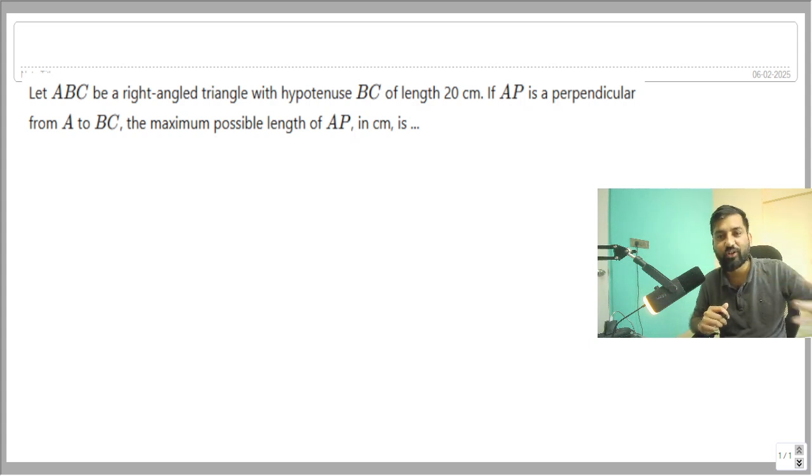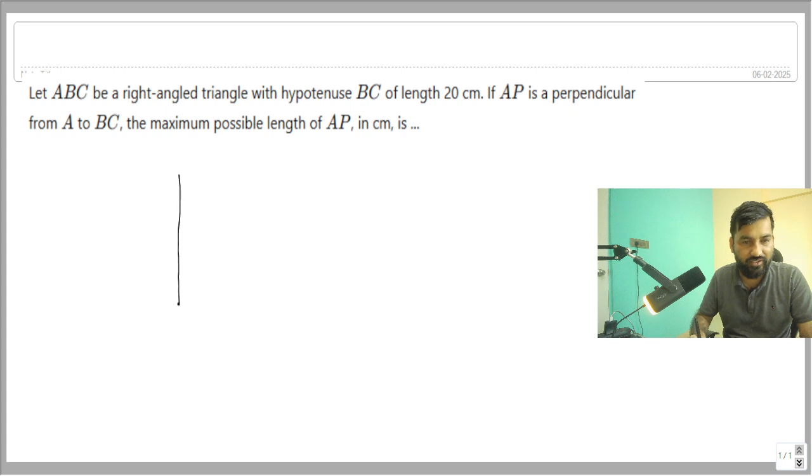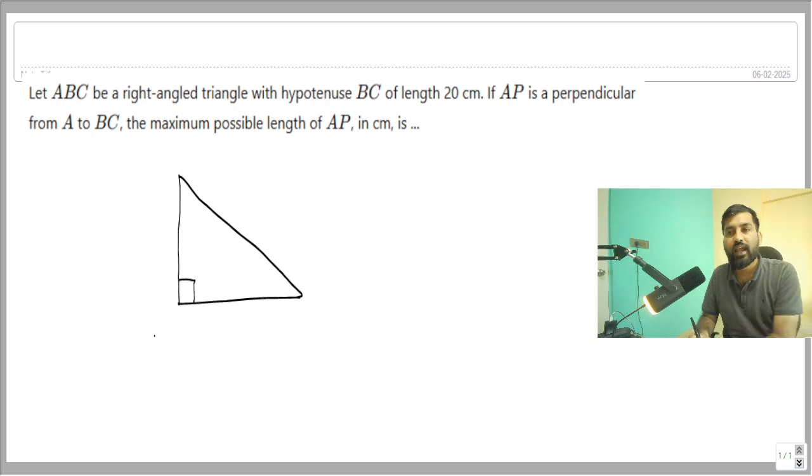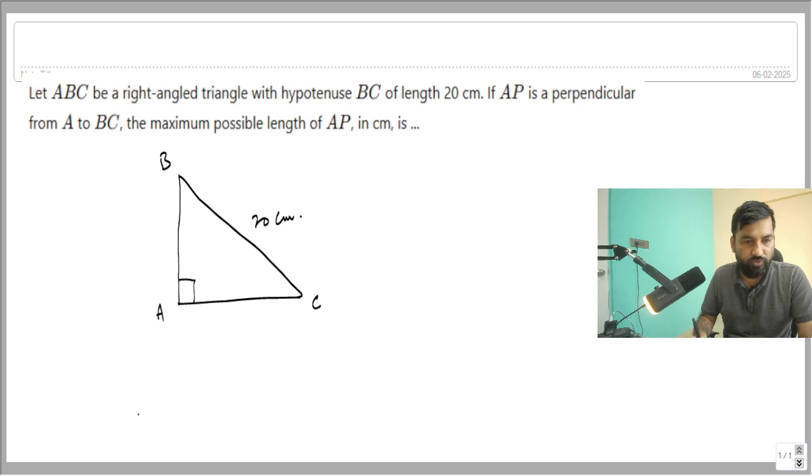So let us draw the triangle and put all the vertices. We have a right angle triangle, so we can draw it like this. One of the angles has to be 90 degrees, so this is 90 degrees. And this has to be BC, because the BC length is 20 centimeters. Then take A and draw the perpendicular from A to BC.